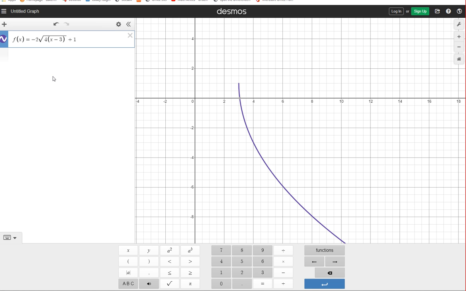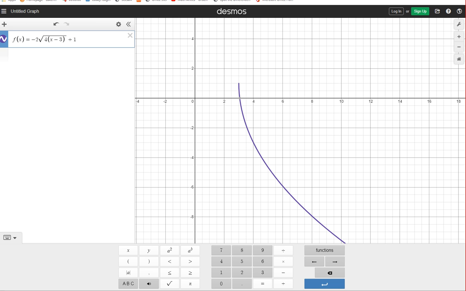I would like you please to open Desmos, and we're going to try one right now where you're going to give this a shot. I'd like you please to open Desmos right now, and we're going to give one of these a try. I'll give you a moment to do that, whether it be on a phone or a tablet, computer, in a new browser window, whatever.